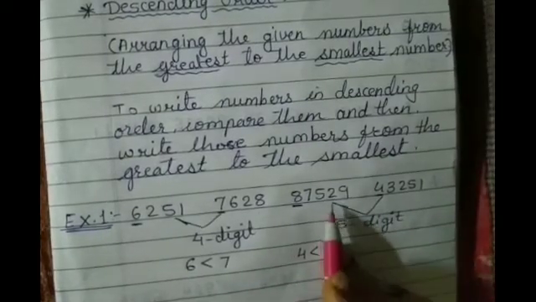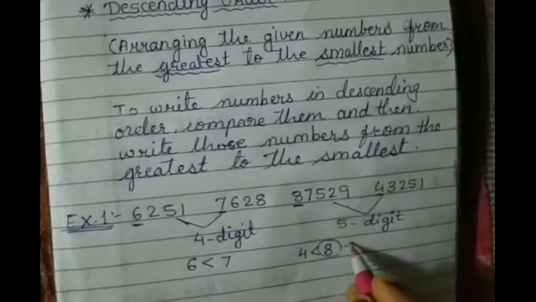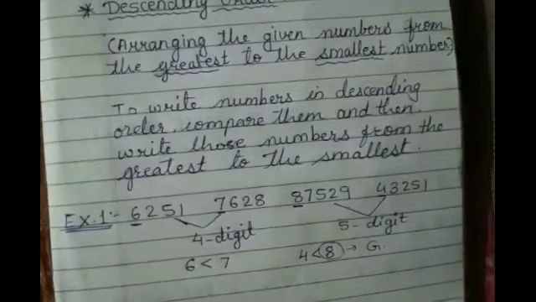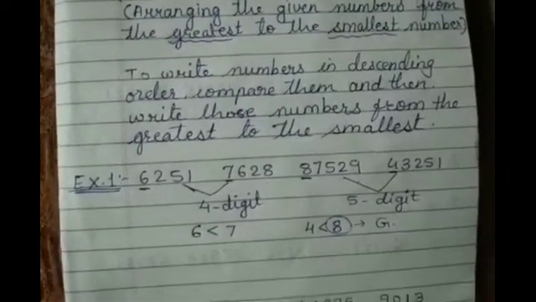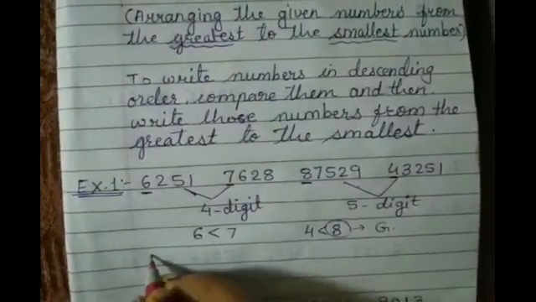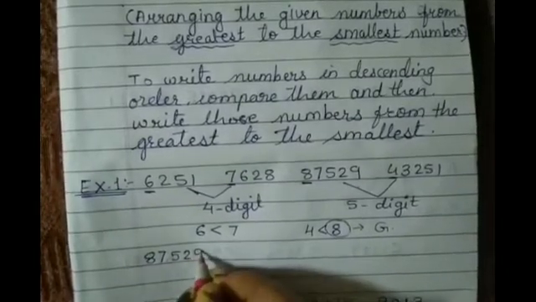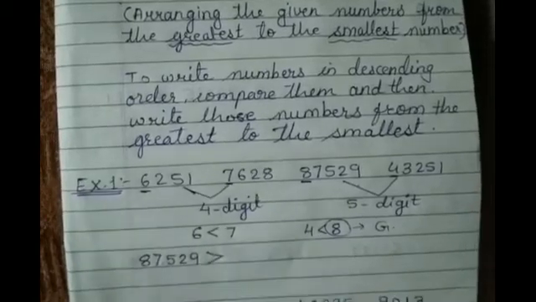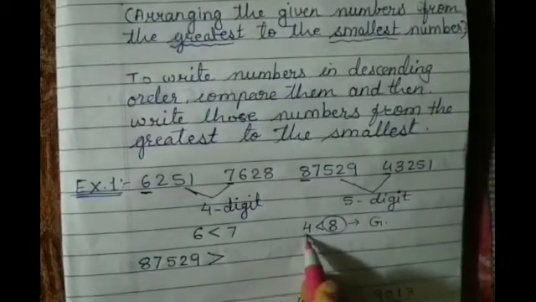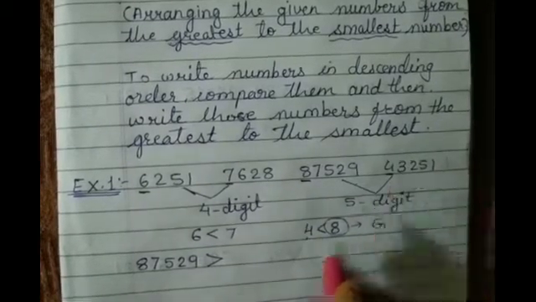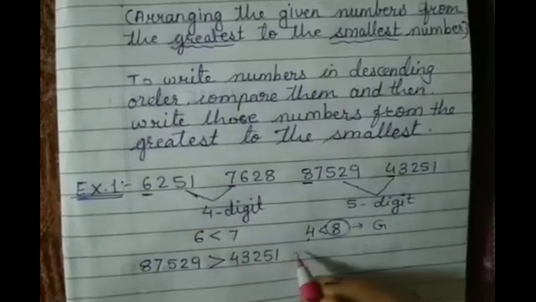Now among these two 5-digit numbers, we have 8, which is the greatest, so we will write down that number first. 87,529 is greater than the one which has 4 at the 10,000s place, that is 43,251.